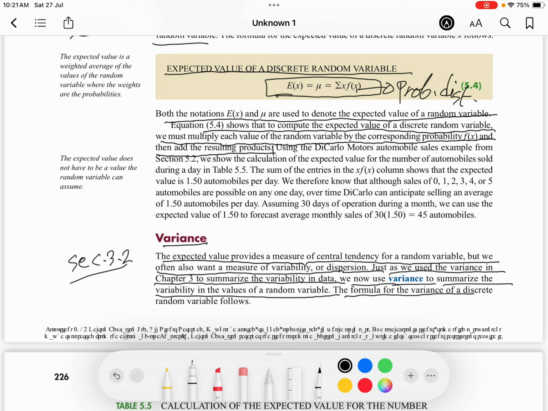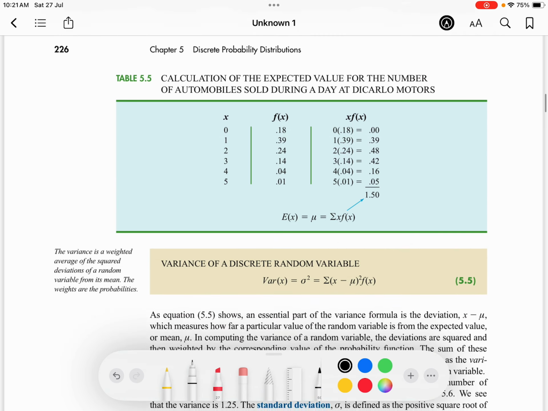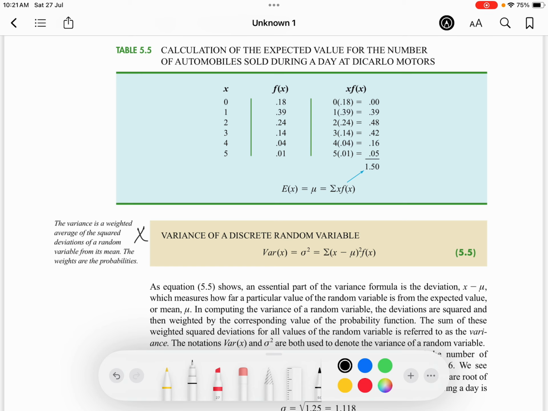The formula for the variance of a discrete random variable follows as this. Variance of a discrete random variable, Var(x) equals sigma square equals summation (x minus mu) whole square multiplied by f of x, where mu is the mean or expected value.